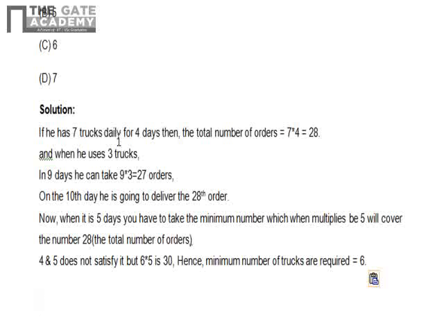If he has 7 trucks daily for 4 days, then total number of orders is 7 into 4, equal to 28. And suppose he uses 3 trucks, then in 9 days the number of orders completed is 27. So for that 28th order, he'll have to operate on the 10th day also. Now it is clear that there are a total of 28 orders.